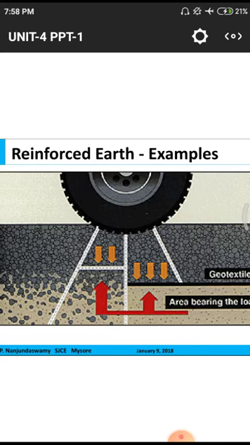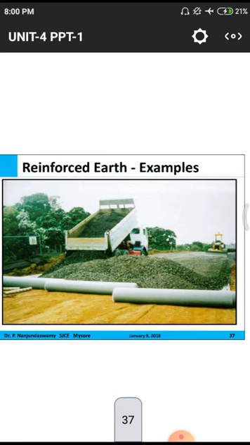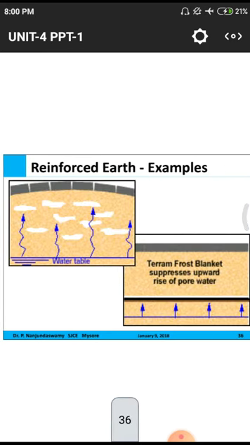The total water will not penetrate into the layers beneath the earth. The total water will move onto the surface of the geotextile, so there will be no damage. So we have to estimate what the usage level is and how we have to use it.